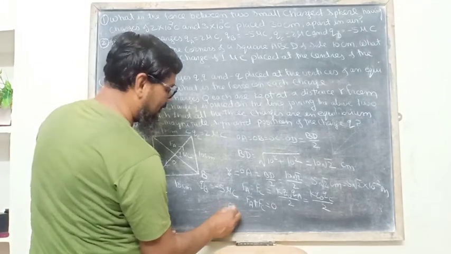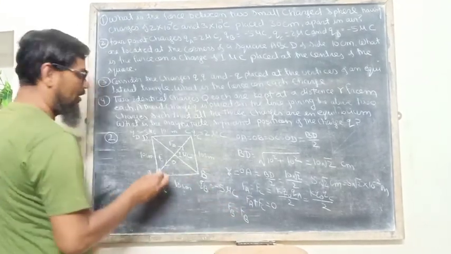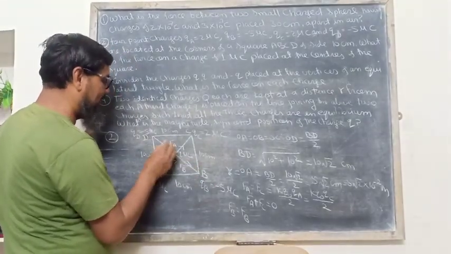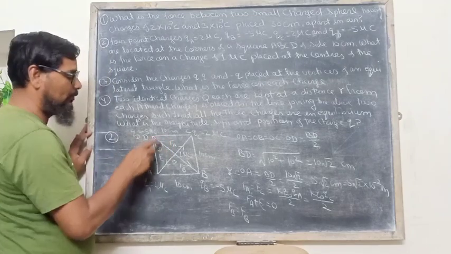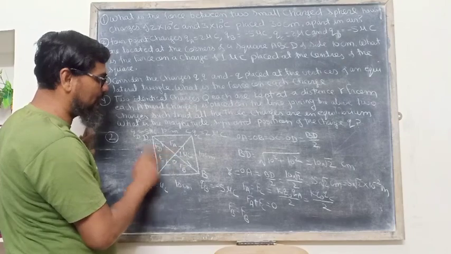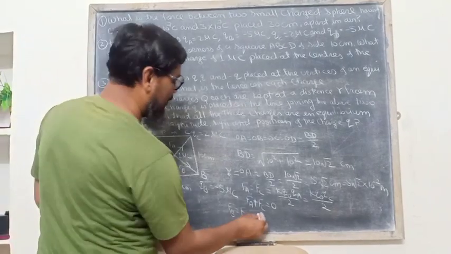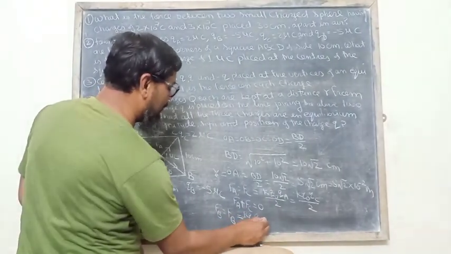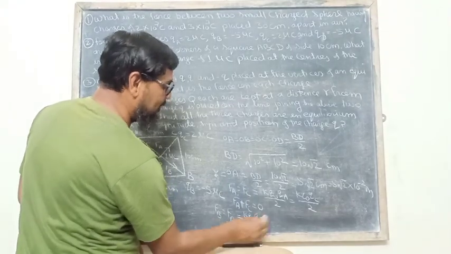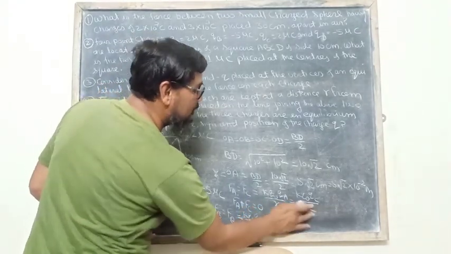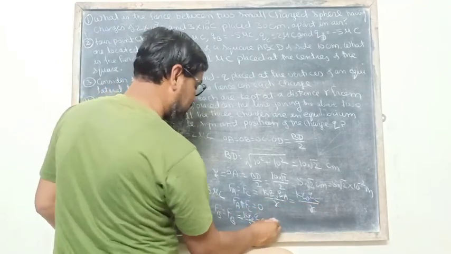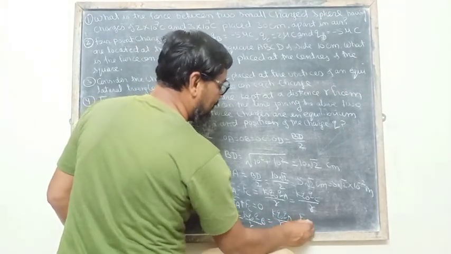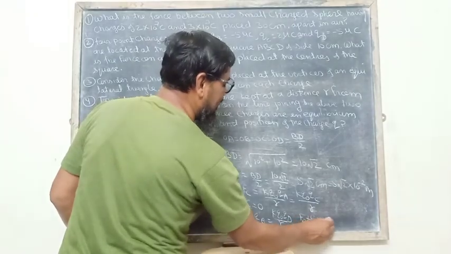Similarly, FB is equal to FD, because here is the attractive force FB towards the B and FD is towards the D point. Both forces are equal in magnitude and opposite in direction, so they also cancel out, and there will be the value of K Q0 QB upon R. Here also we can write R, and this is K Q0 QD upon R, and FB plus FD is equal to 0.